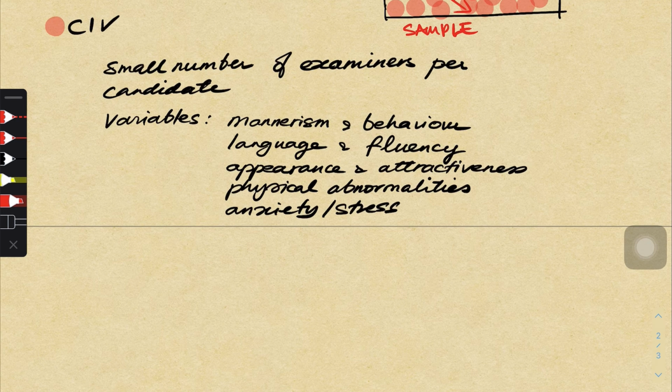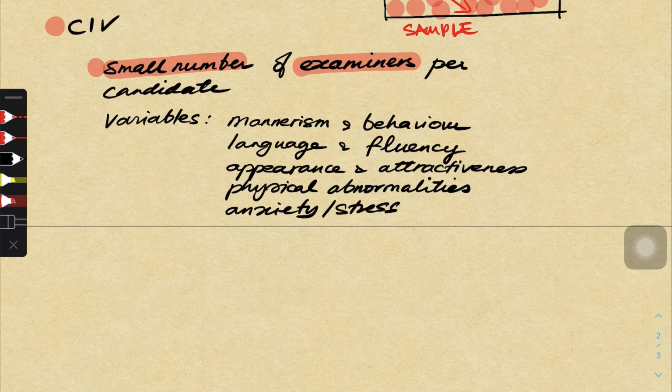It's irrelevant to the construct. For example, in oral examinations, it is found that when there is a small number of examiners per candidate, that is when the CIV is a serious threat. Why?